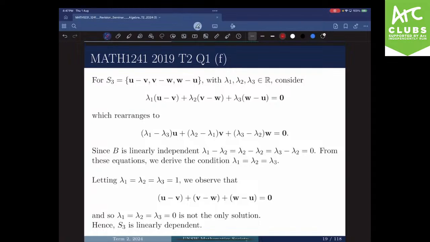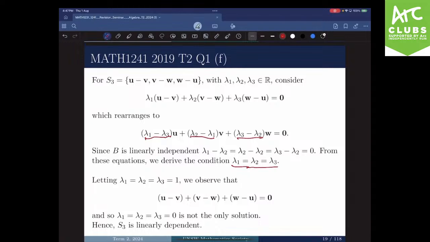Since B is linearly independent, there are only solutions if each of these coefficients is equal to 0. But we can see they're all 0 if and only if lambda 1 equals lambda 2 equals lambda 3, and there are no other conditions.